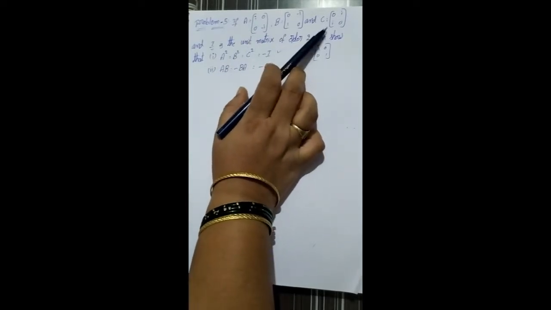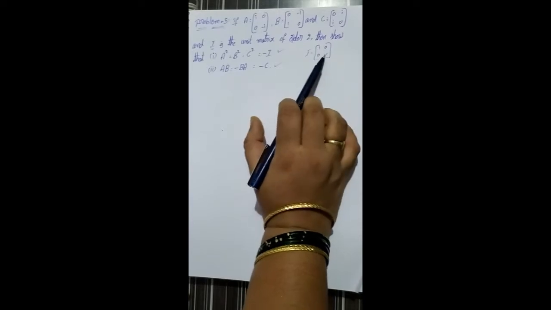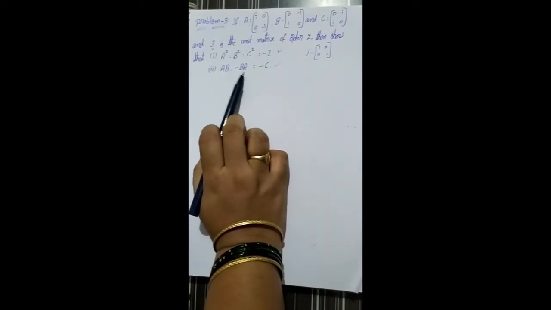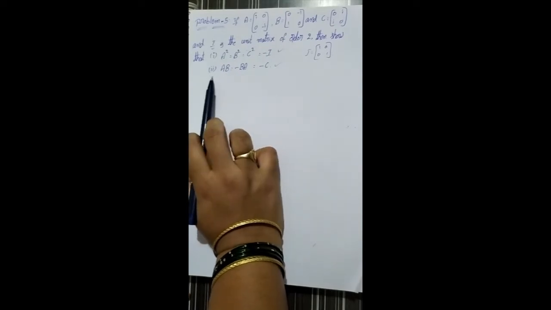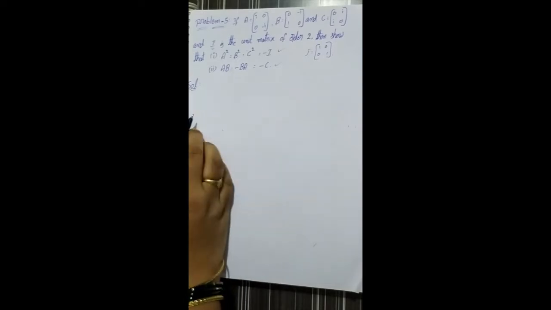These three square values are equal to minus I, that means minus of this matrix. And we also have to find AB and BA, and show the second condition. For that, first we will go to the solution.